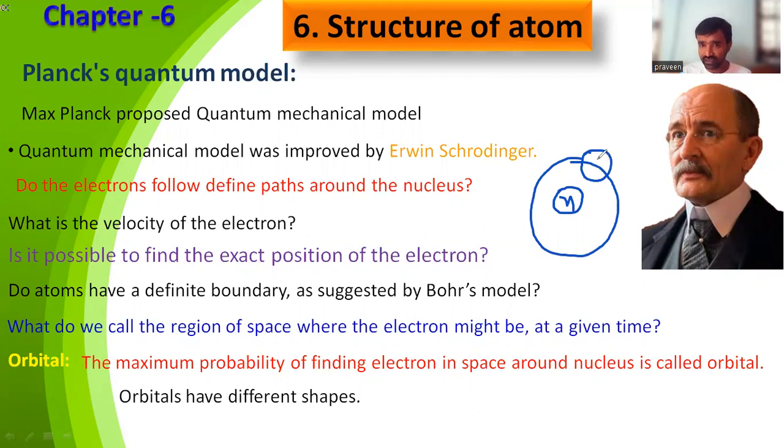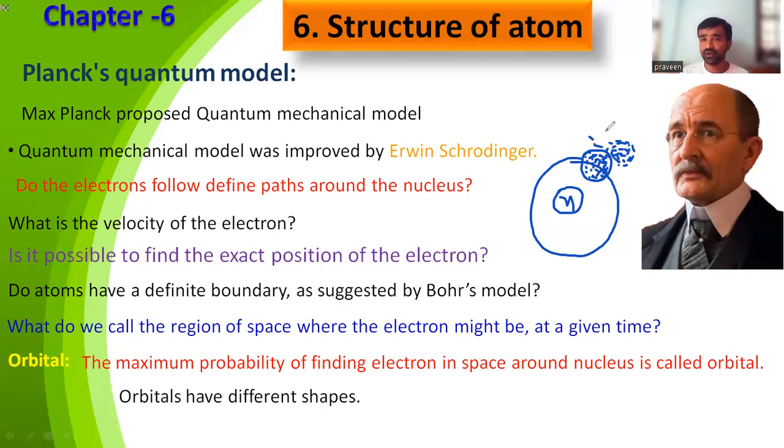If that electron is visible as a particle, that particle gives you the shape. The particle's shape is given like this, so this shape is visible to you as a spherical shape. If that space is given like this, it looks like a dumbbell.